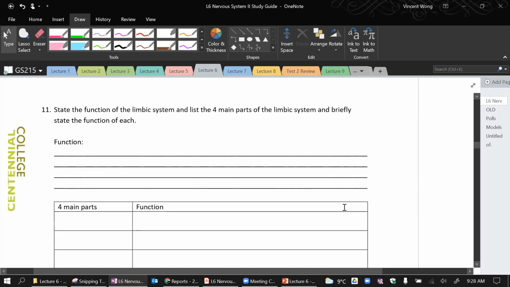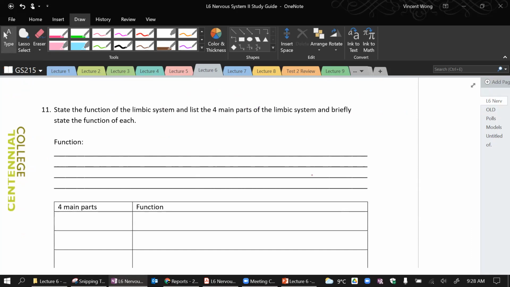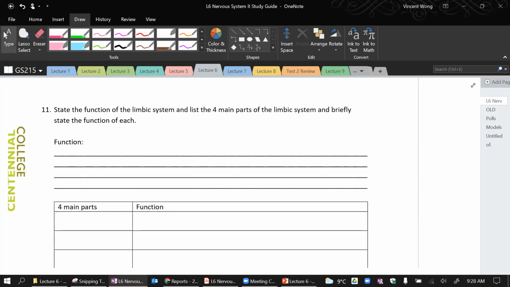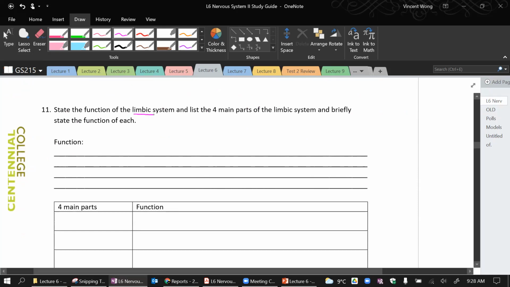State the function of the limbic system and list 4 main parts of the limbic system and briefly state the function of each. The limbic system in brief is basically the reward system of the brain.